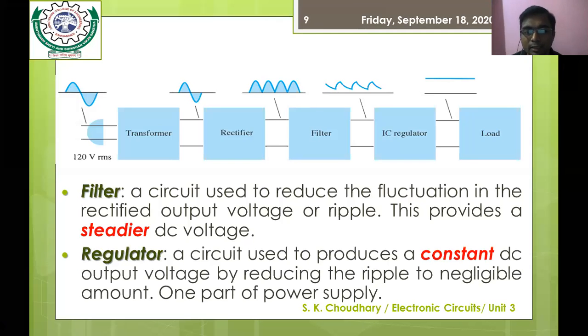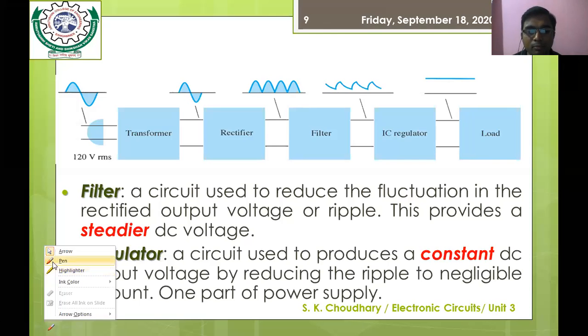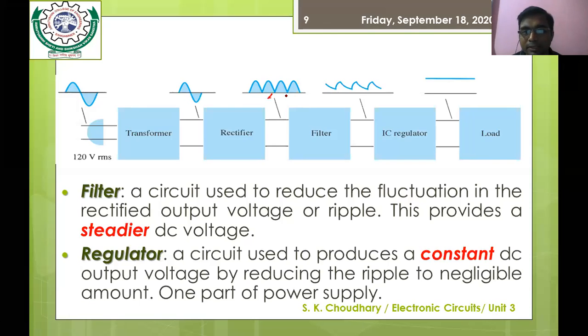You can see in this block diagram, this pulsating DC becomes a steadier DC output voltage when it is passed through a filter. Okay, so it smoothens the output of the rectifier and removes the ripples.